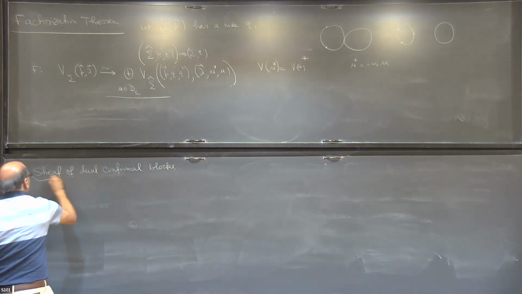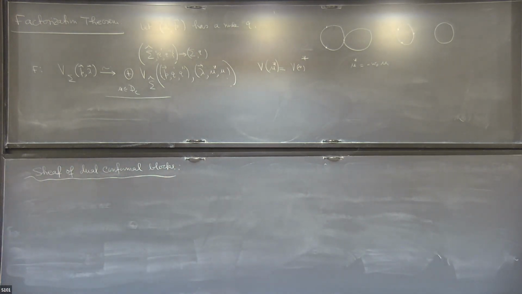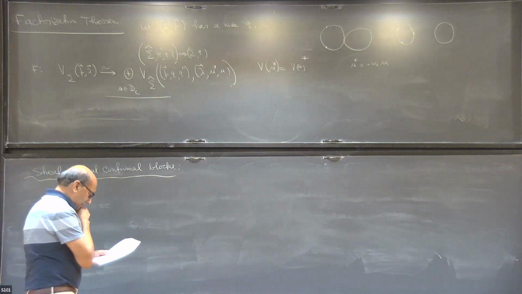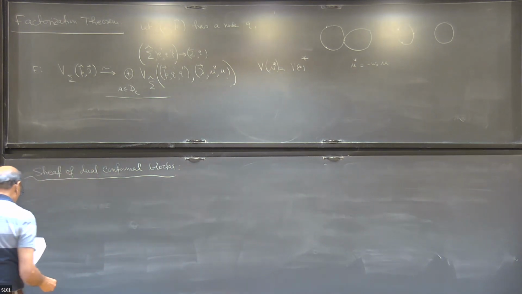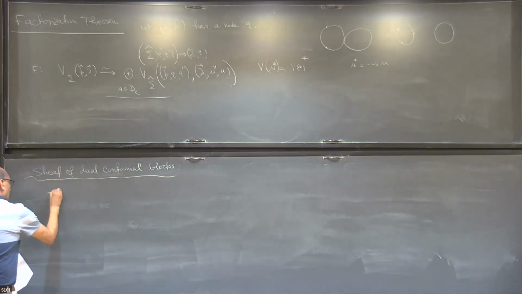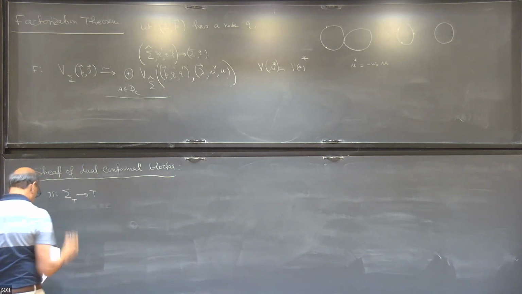So we are going to sheafify the previous notion in a fairly standard way. Probably the formulation will be completely familiar to you all, but let me just specify that. So we are going to take pi: sigma_T over T.